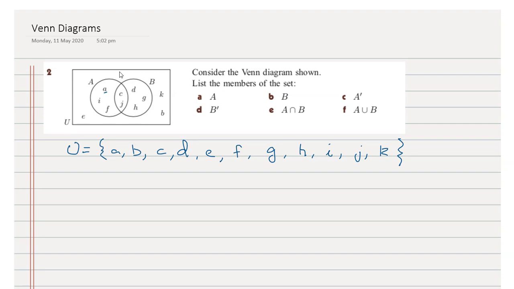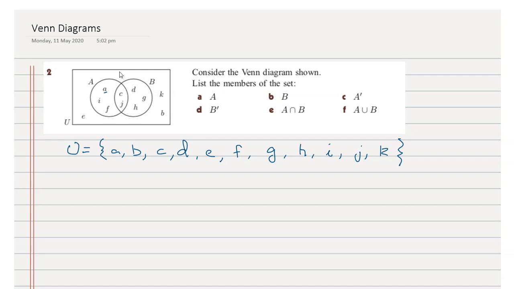So we've got 2, 4, 6, 8, 10, 11. So set U could be written as in braces A, B, C, all the way up to J, K.